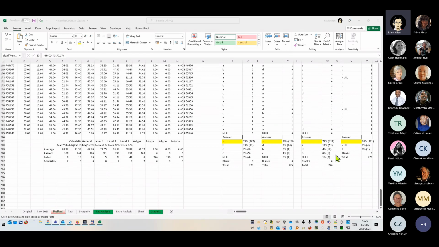And even though the question as a whole might perform well, it certainly could be improved by rewriting some of the distractors. And so Mark has got a point here, that one of the whole reasons for looking at the post-exam stats, yes, is to be fair to the students, but is also to improve your multiple choice writing.